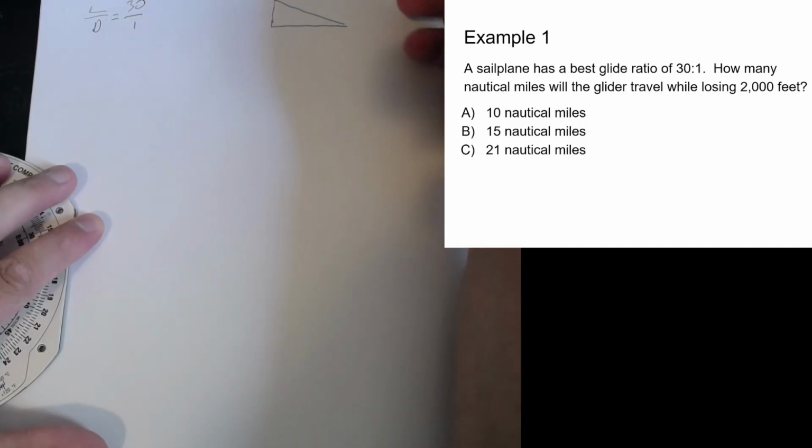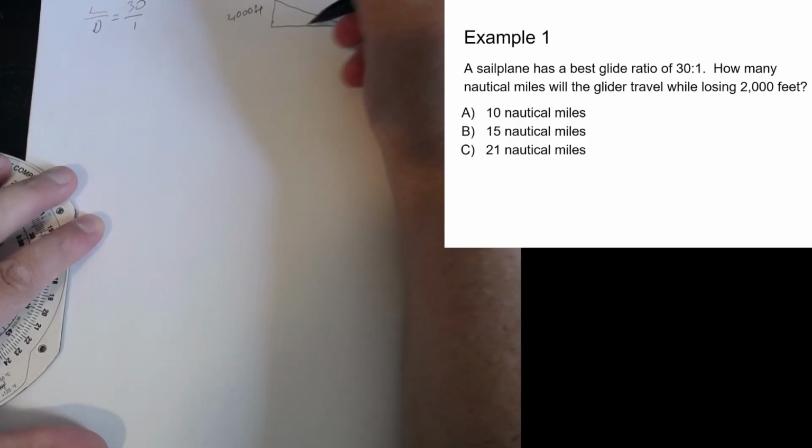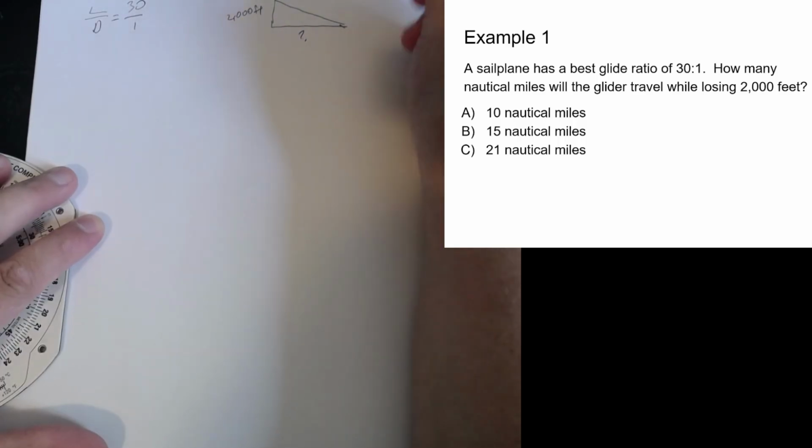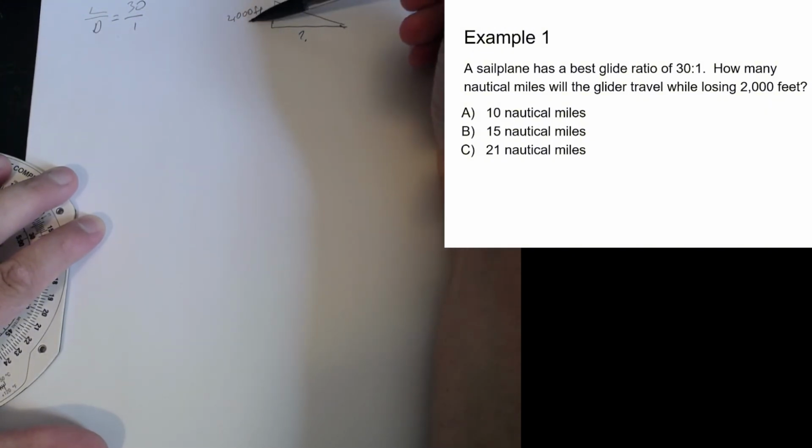So we're going to draw a triangle. 2,000 feet, and we want to know how far we're going to go. So let's look at what information they gave us. They gave us L over D and how high we are up. So we're always given 2 out of 3. What's the third item? How far we go.